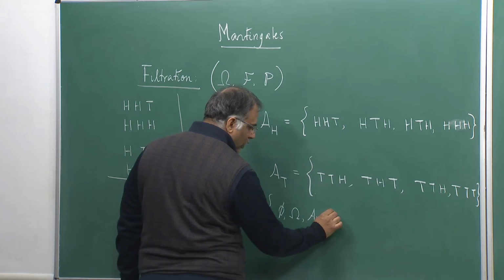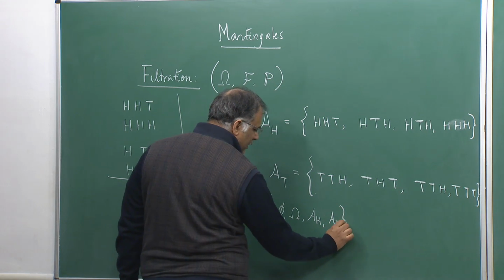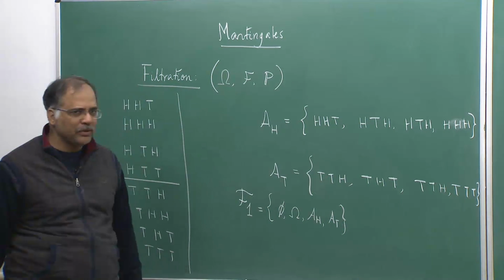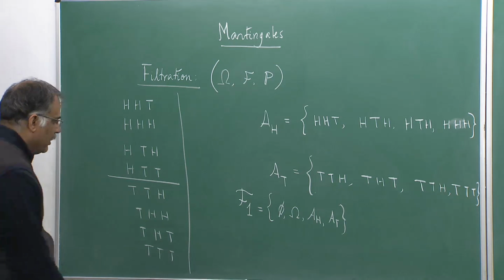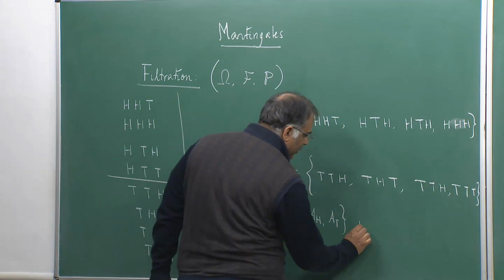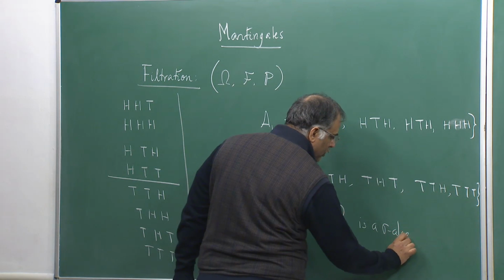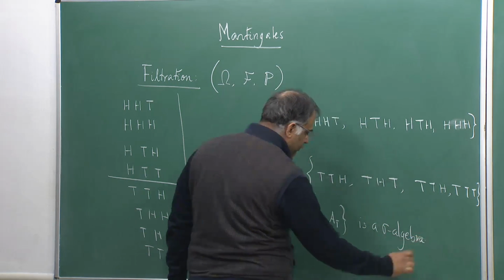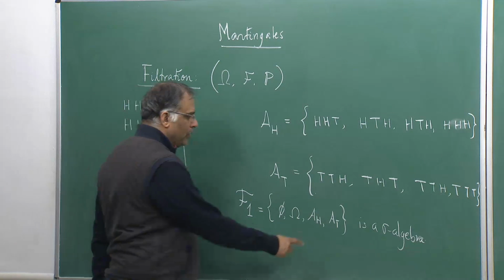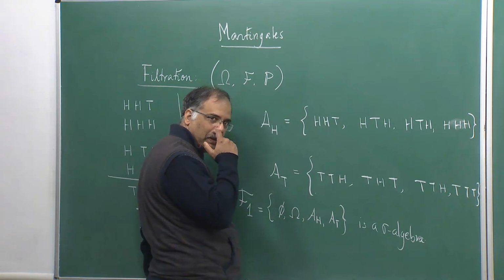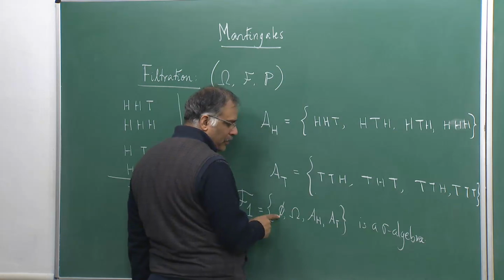If I have knowledge about the first toss, these are the sets of the sigma algebra which are revealed, and F1 itself is a sigma algebra, because it follows all the rules of a sigma algebra. If you take the union of these two, it becomes omega. If you take the intersection, it becomes phi.